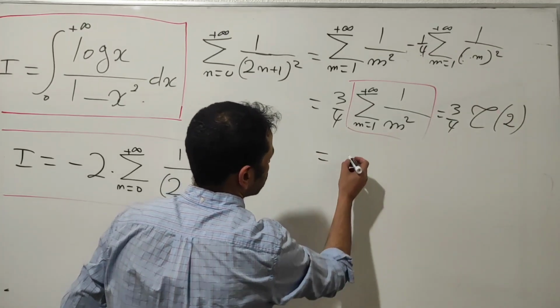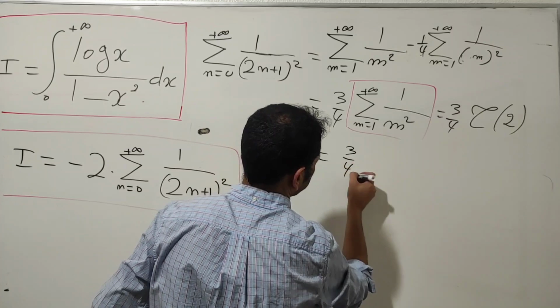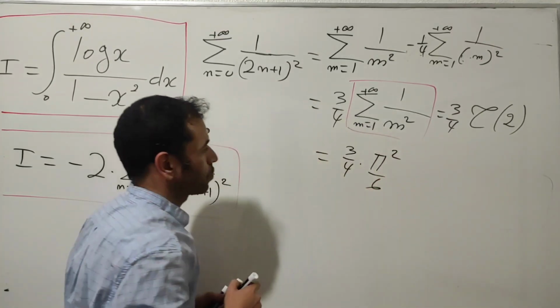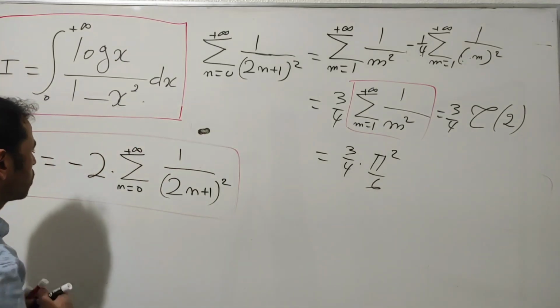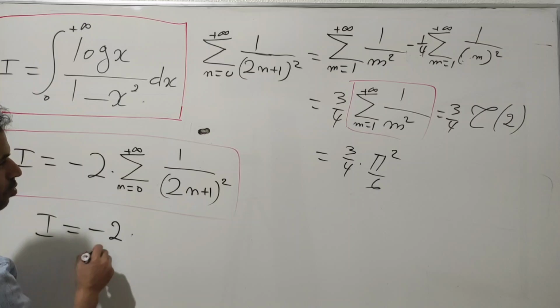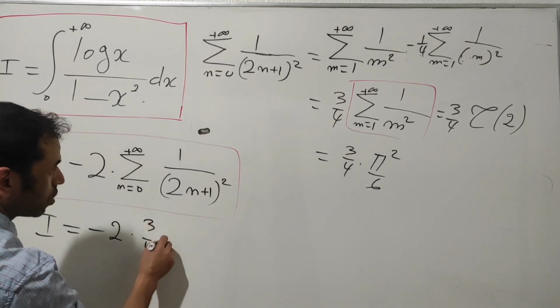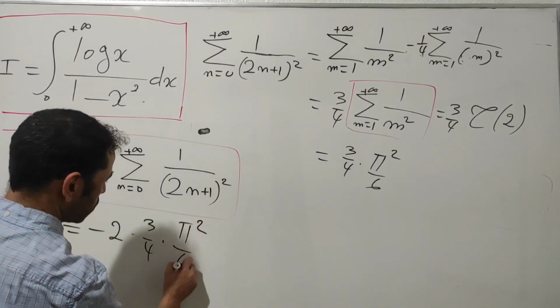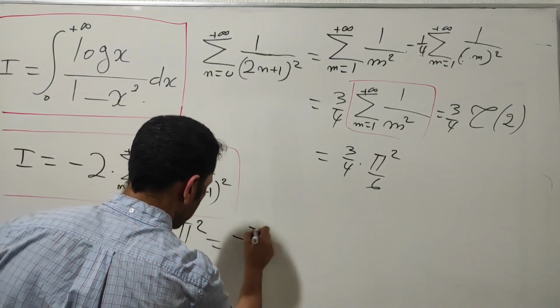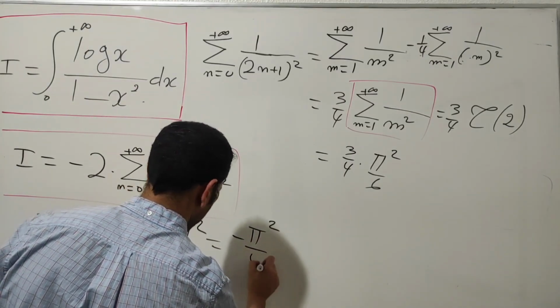So it's more simple, it's going to give us 3 over 4 multiplied by pi squared over 6, okay? So the integral equals minus 2 multiplied by 3 over 4 multiplied by pi squared over 6, which is going to give us minus pi squared over 4, okay?